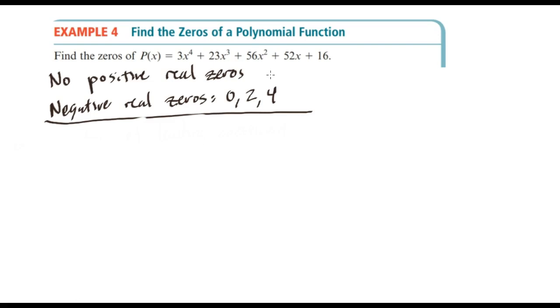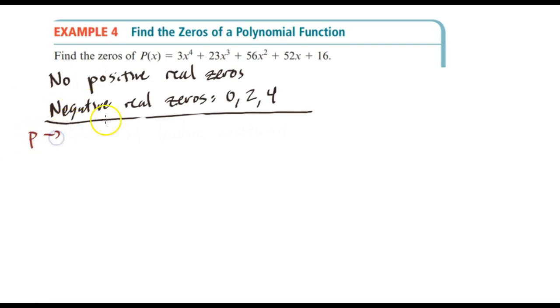Now we're going to get into the rational zero theorem. We may remember from two slides ago, when we were dealing with the rational zero theorem, we were interested in looking at the factors of P and Q. Remember, I'll quickly run through this.